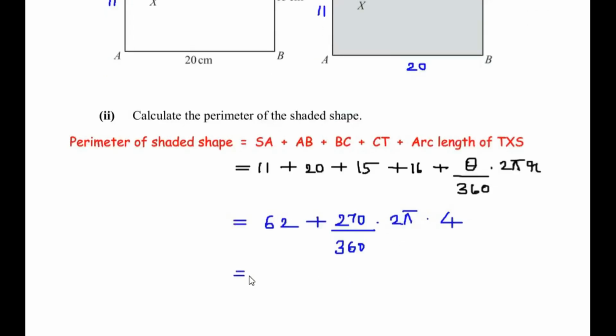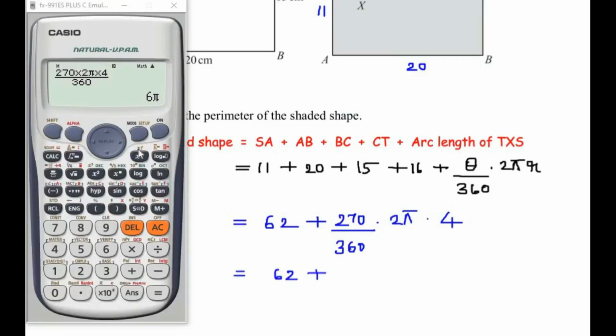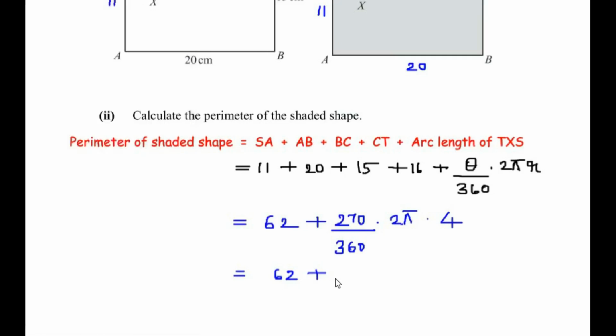So let us now find out the value of arc length. So 62 plus, the value of arc length we got as 6 pi, or in decimals we'll get it as 18.8495. So let me write here 18.8495. So take 3 decimal places or 4 decimal places for the intermediate steps so that you get very accurate and precise answers over here.